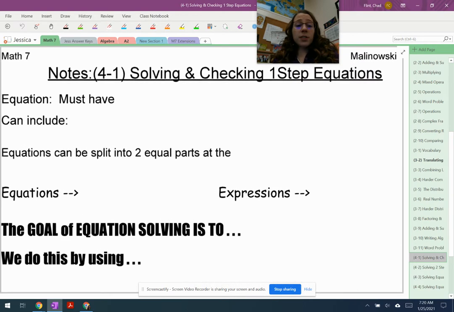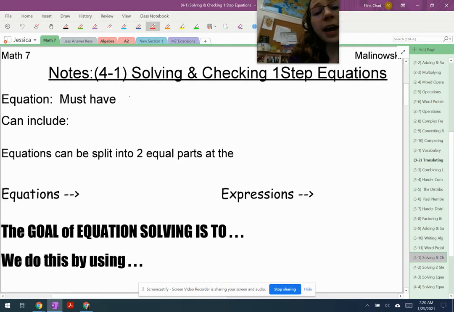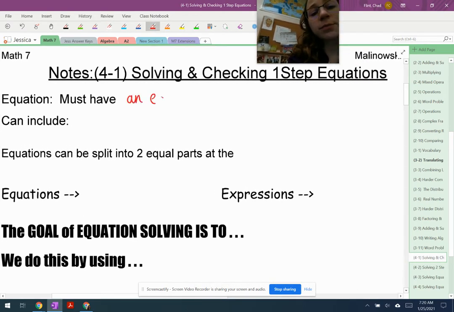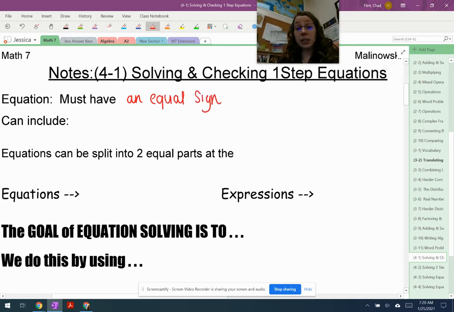So some basic stuff to start off with. An equation must have an equal sign. That's what makes it different from an expression, right? An expression does not have an equal sign, whereas an equation does.